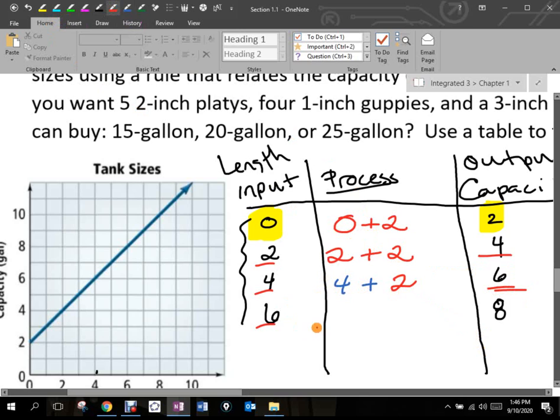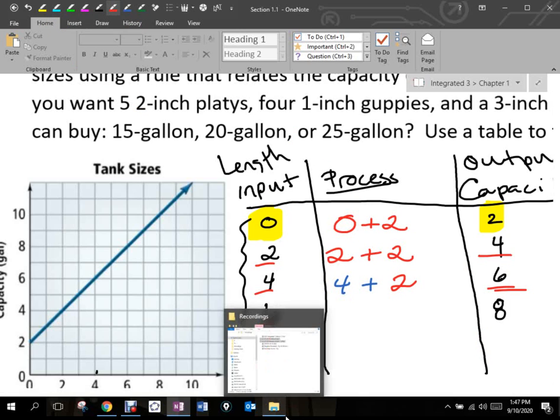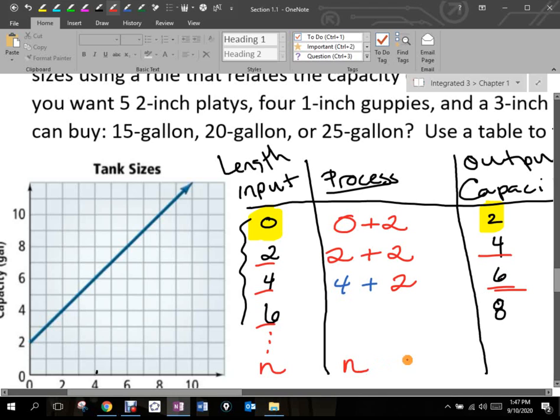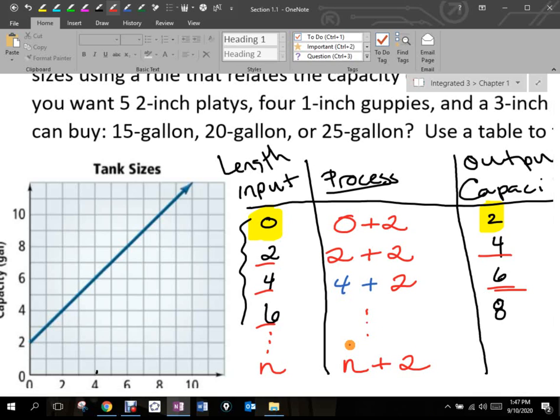My hope is that you're seeing that if I were to take this all the way down to n, in inches, I would be taking n inches and adding 2 to it. And that's my rule to determine ultimately how many gallons of water I need.